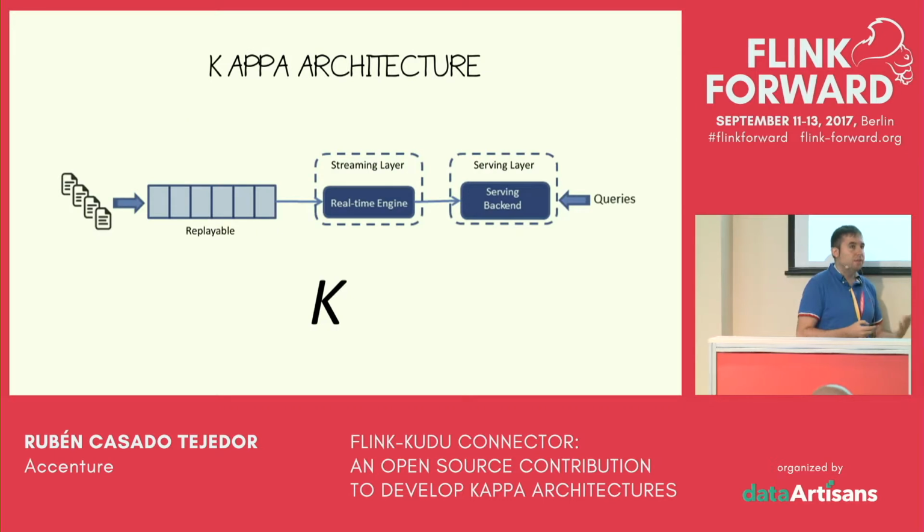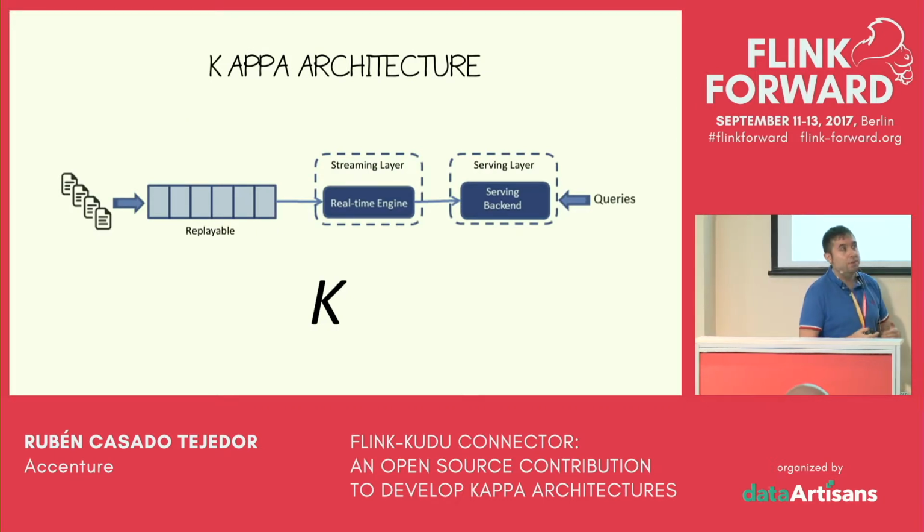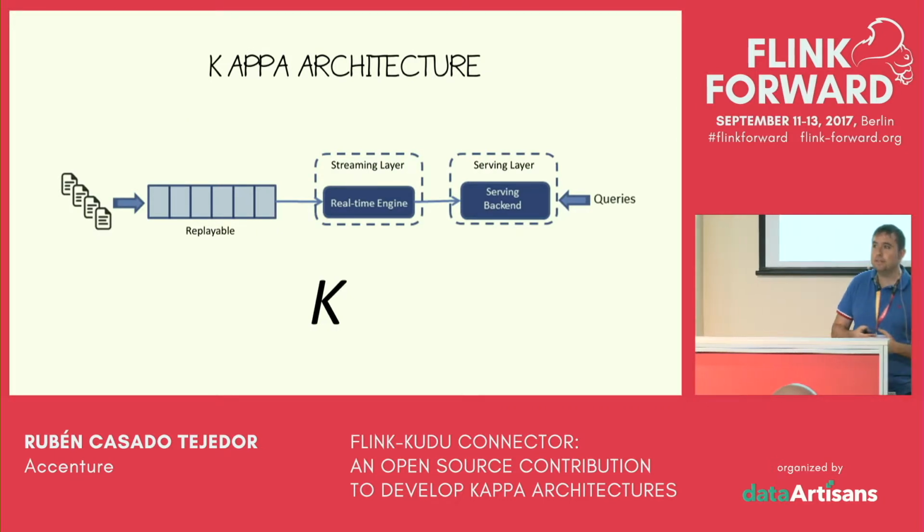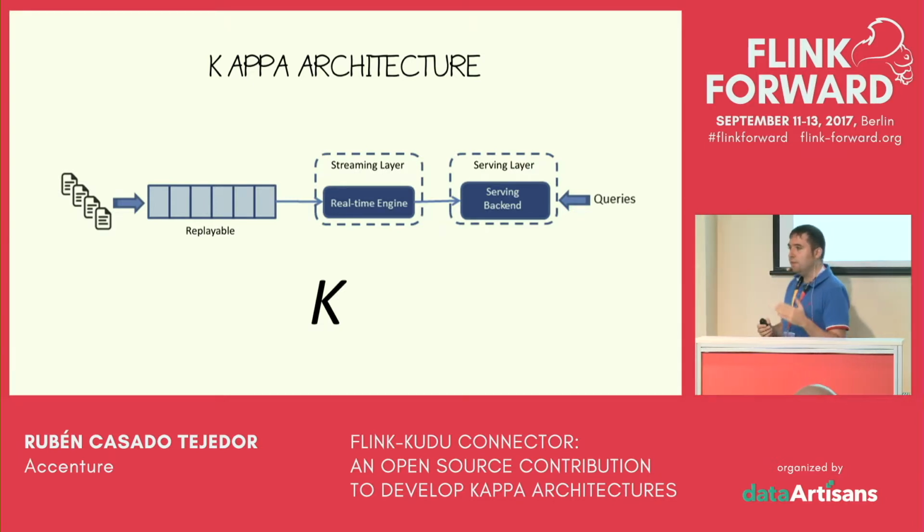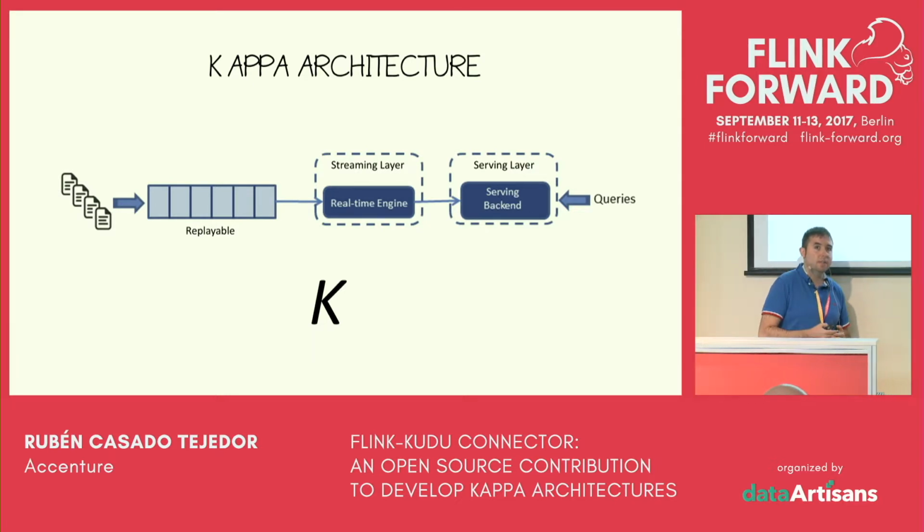So in the following years, due to the release of more powerful technologies, Kafka, Samza, and of course Flink, a simplification of this approach was defined by Jay Kreps from LinkedIn, and someone coined it Kappa Architecture.